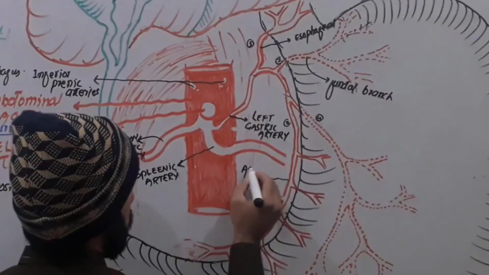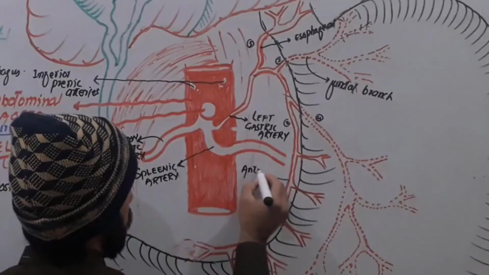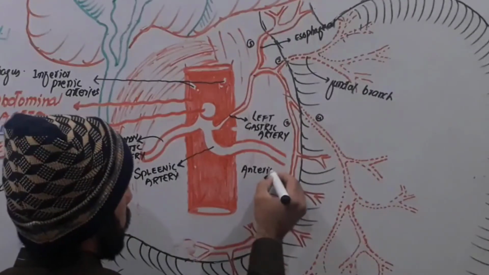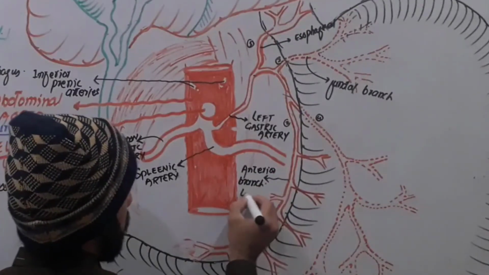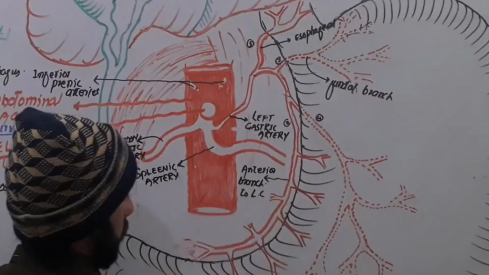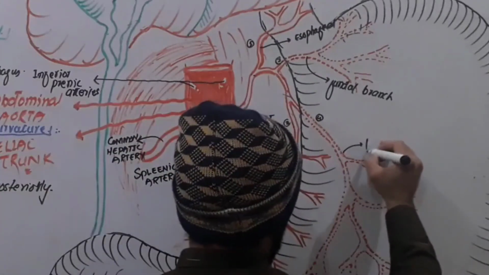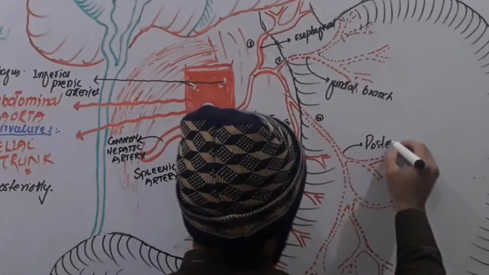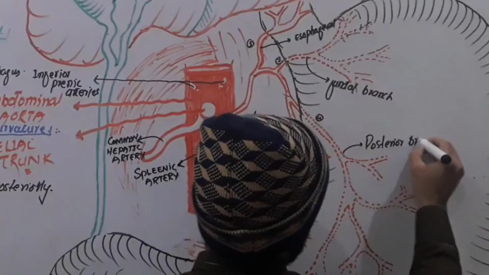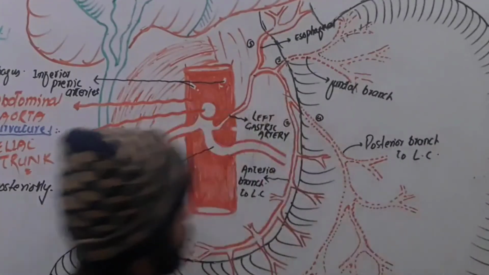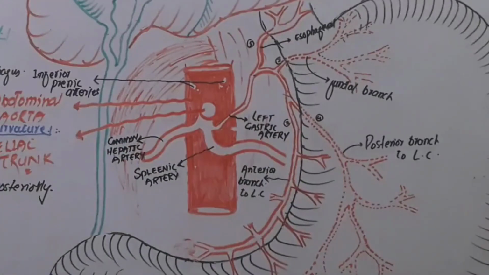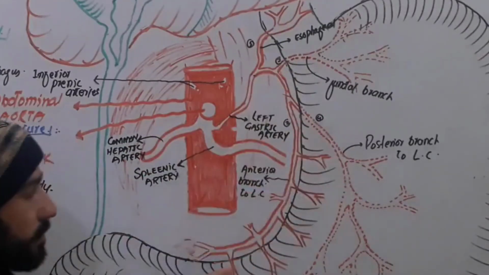Anterior branch to lesser curvature, and this is a posterior branch to lesser curvature, right? So these are the branches of the left gastric artery.